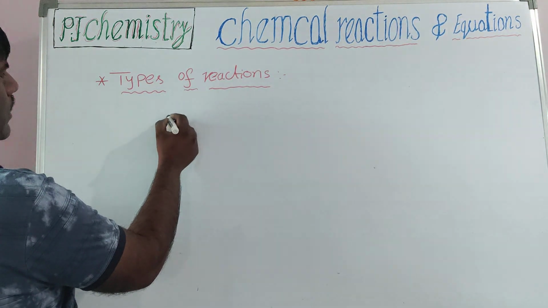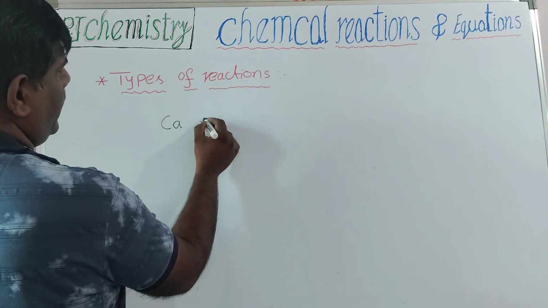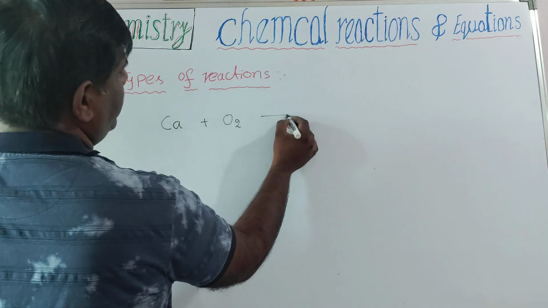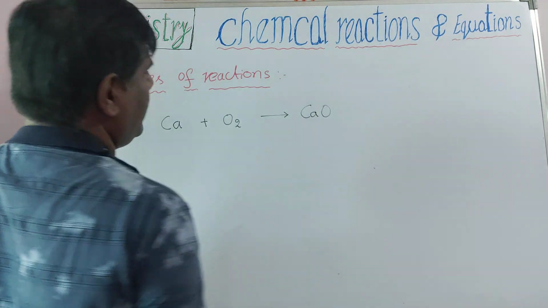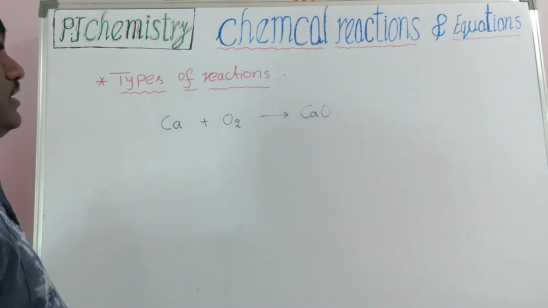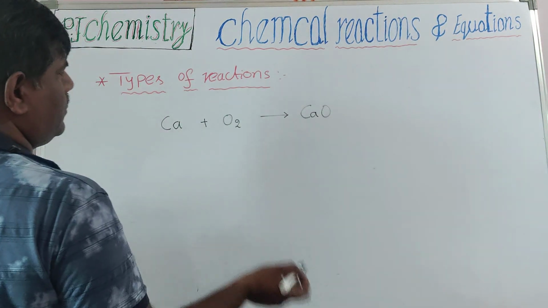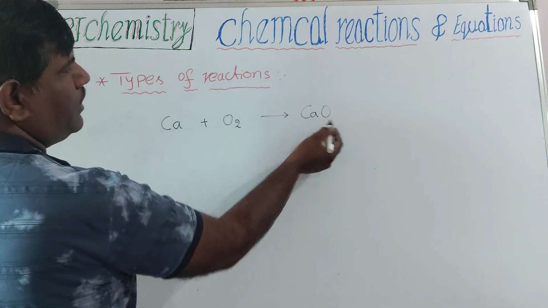Next, calcium plus oxygen forms calcium oxide. Can you balance it? Calcium 1, calcium 1. But oxygen here 2, here only 1.